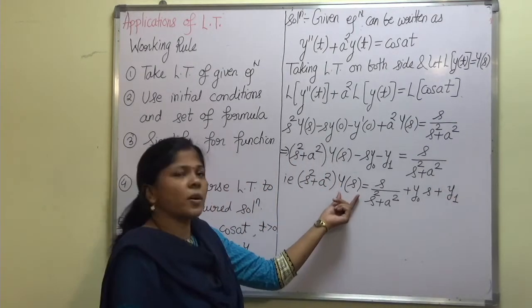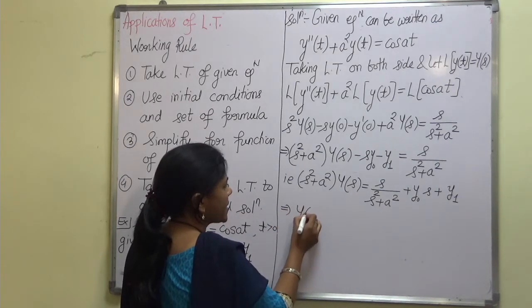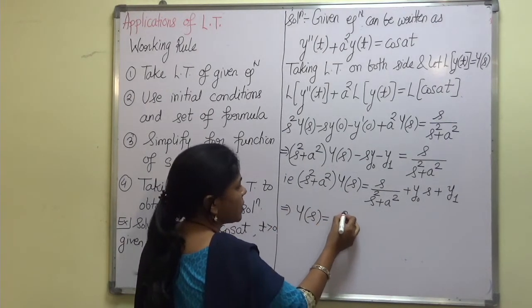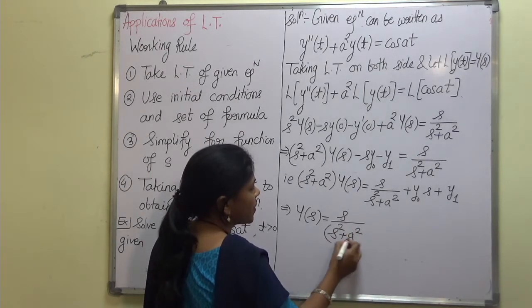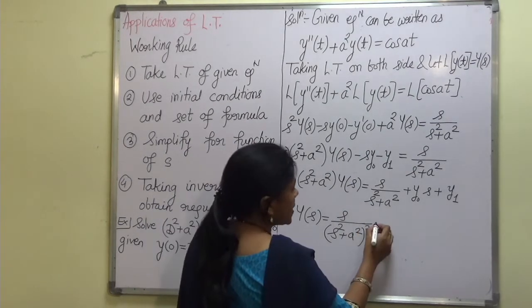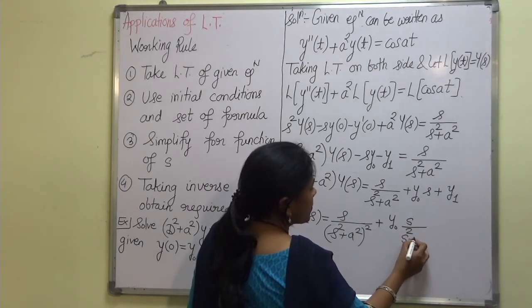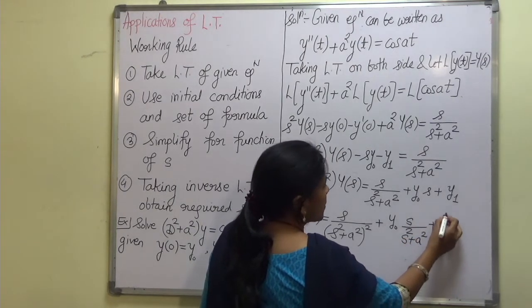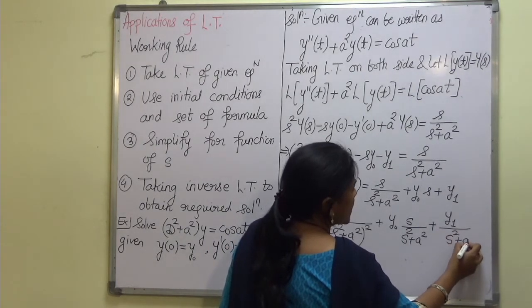I just want Y of s, so divide by s square plus a square. This implies Y of s is equal to s upon (s square plus a square) whole square plus y naught s upon s square plus a square plus y1 upon s square plus a square.